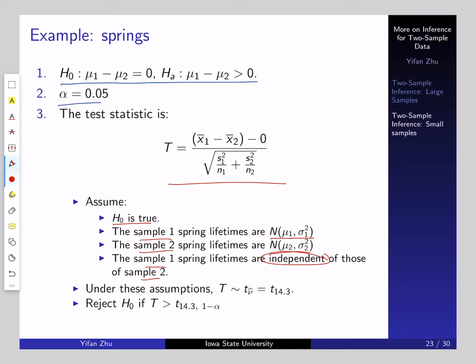Assuming H0 is true and sample 1 and sample 2 are normal mu1, sigma 1 squared and normal mu2, sigma 2 squared, and these two samples are independent. Note that we don't have a common sigma here now. Under these assumptions, the test statistic would be approximately t distributed, and the degrees of freedom is 14.3.